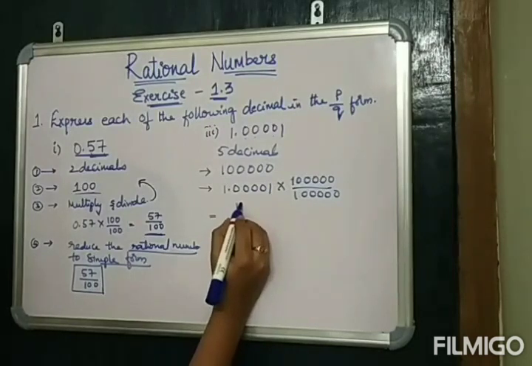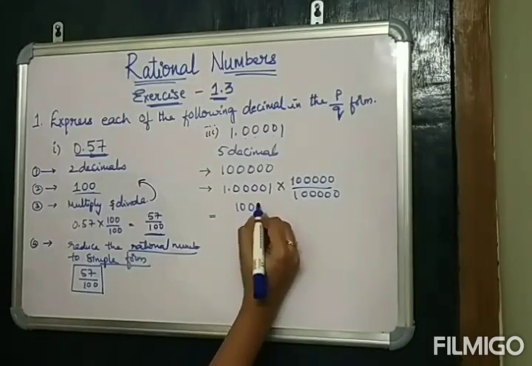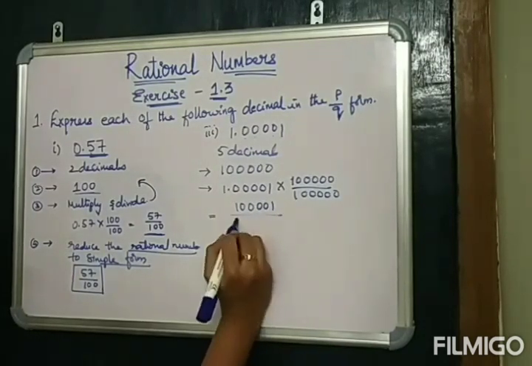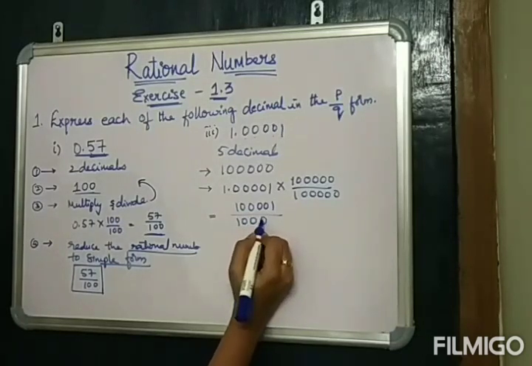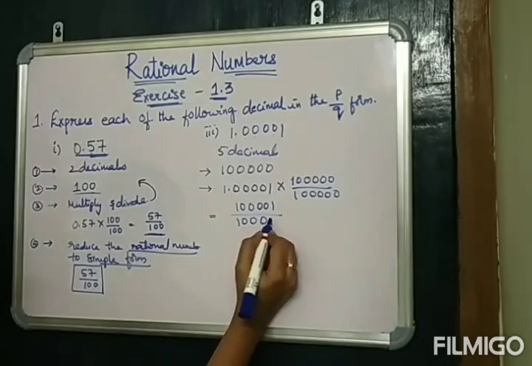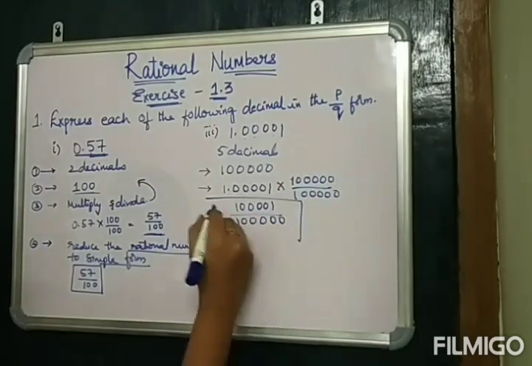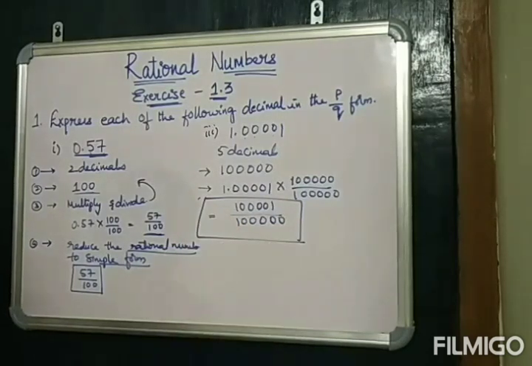In simple form we can write 100001 divided by 1 lakh. This cannot be reduced to a simpler form, that is the answer.